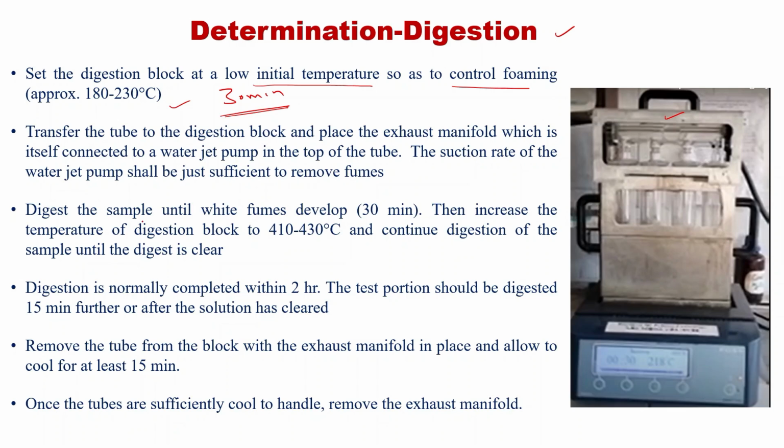Now you digest the sample until white fumes develop, and then increase the temperature to 410 to 430 degrees Celsius and continue the digestion until the digestion is clear. Generally it is completed within 2 hours or less. Once it is clear, digest for 15 minutes more.